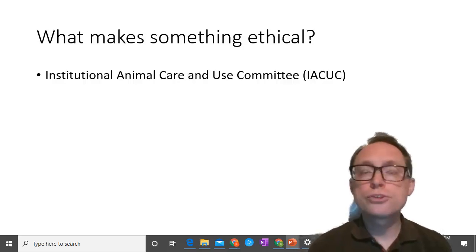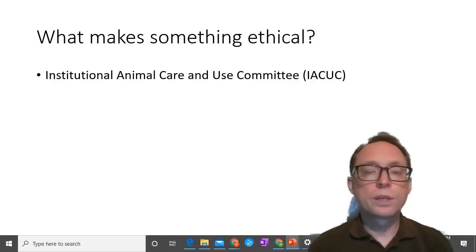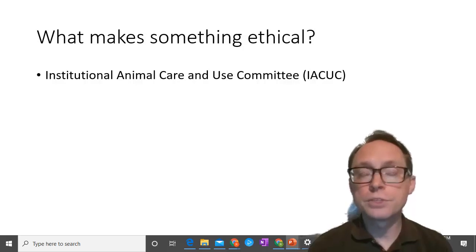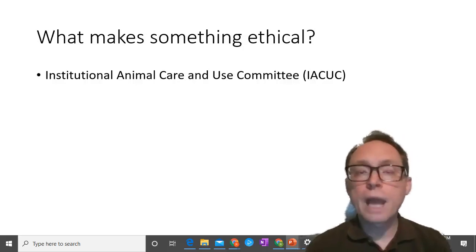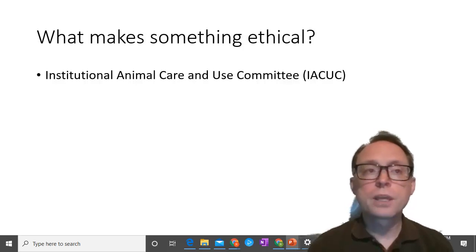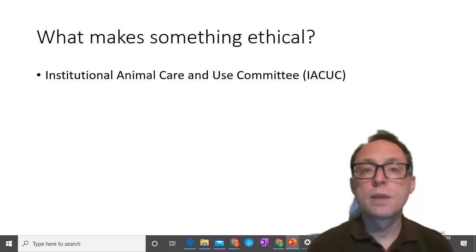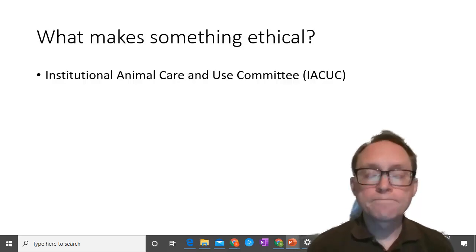It says you should use the minimal number of animals as necessary, so that they're trying to minimize the widespread use willy-nilly of all the animals, and make sure that we're only using the lowest number of animals that we need to. So part of the application for a research study that's given to the IACUC would say, here's the minimal number of animals, let's say it's rats, that we need, and why.